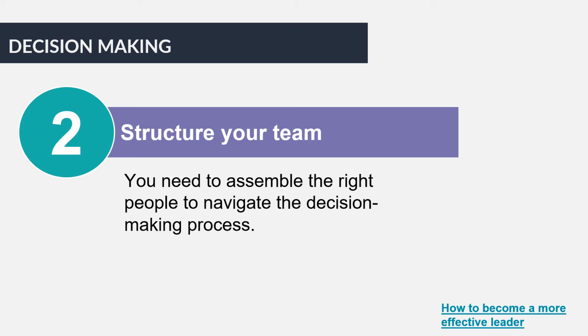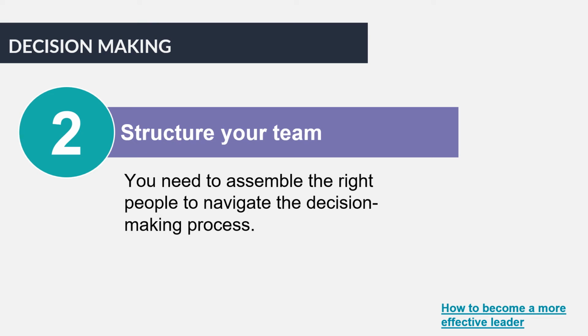Secondly, you have to structure your team. Remember, we talked about involving everyone that is critical and important towards the decision-making process, and that is going to be affected by the key outcome. Structuring your team also involves a bit of that: you need to assemble the right people to navigate the decision-making process.